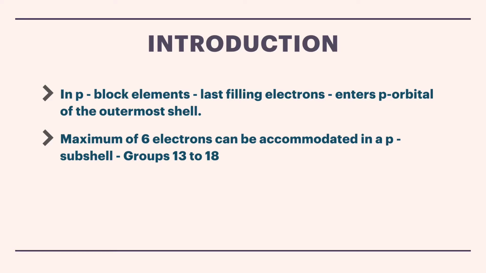Now you know that in p orbital, a maximum of 6 electrons can be accommodated. So there are groups 13 to 18. Okay, so in this chapter we are going to study about group 16, 17 and 18 in detail.